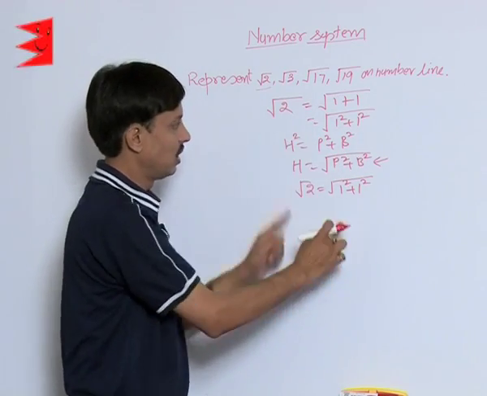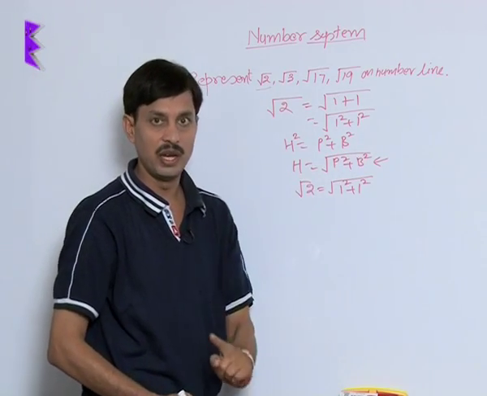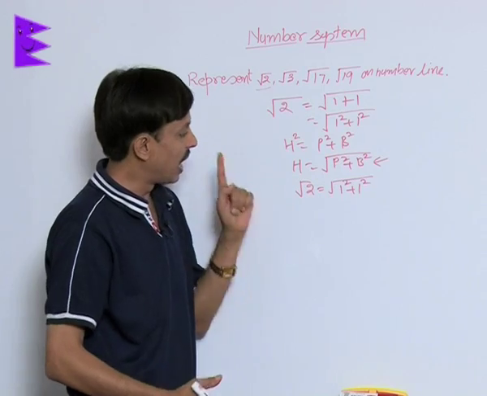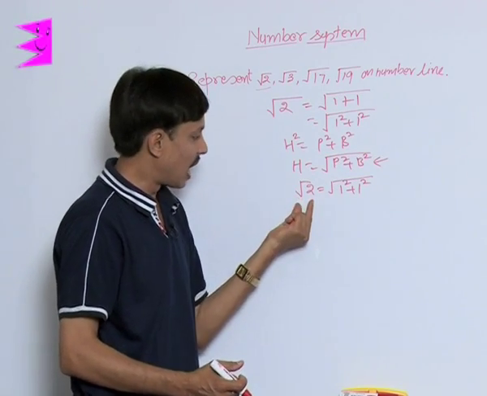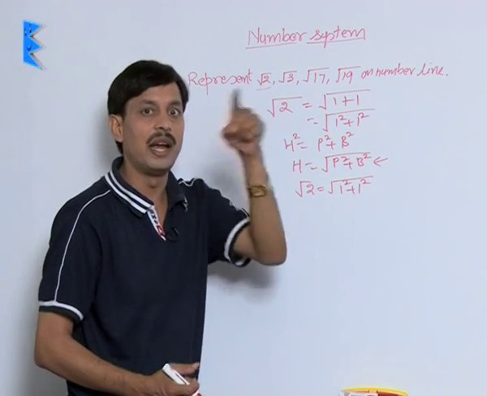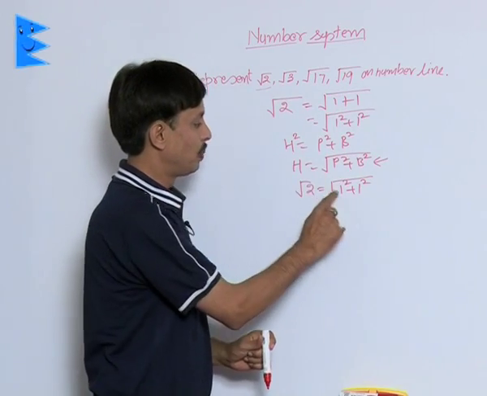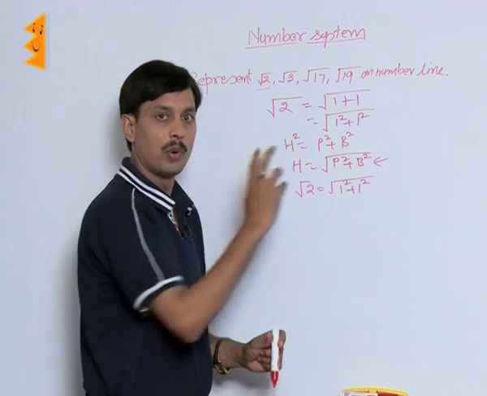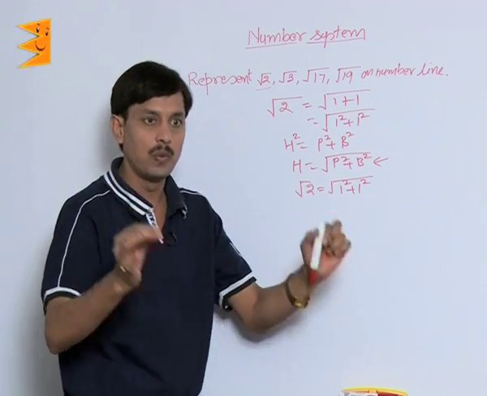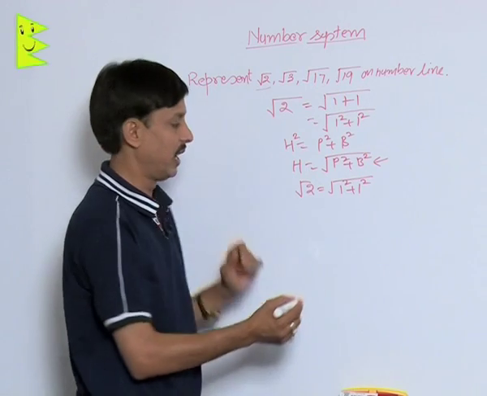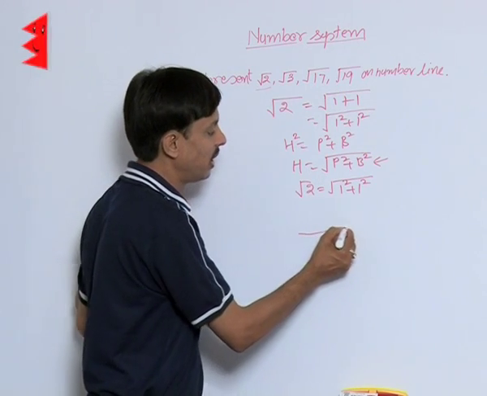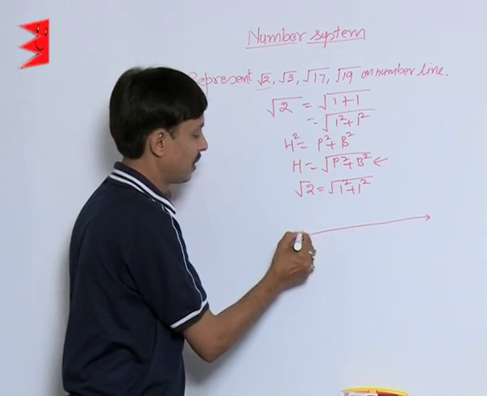From this discussion, you must be aware of what root 2 is. Root 2 is the hypotenuse of that right angled triangle whose perpendicular and base both are of 1 unit. To express root 2 on the number line, I am roughly taking a number line.